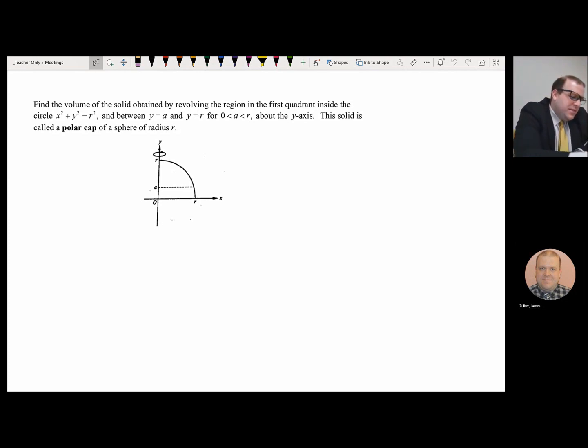We're going to have to essentially do that and then minus that. Versus if we use disk method, it's a single integral. I'm going to go ahead and do disk method because it's the simpler method in this case.